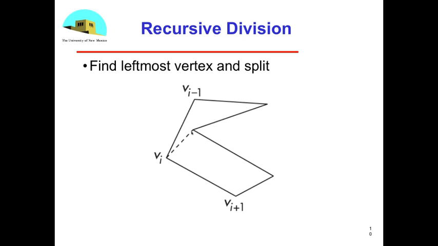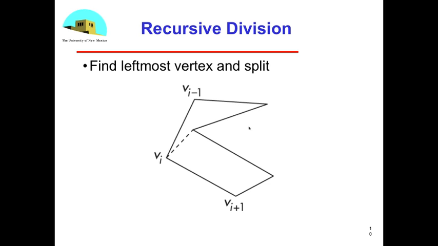I can always know, since this is the leftmost vertex, and this is actually the next leftmost, if I draw this edge here, it will always create two other polygons, and this edge cannot lie outside of the original polygon. So now I've formed two polygons that have fewer vertices than the first one, so I apply this algorithm recursively on both. So it's very simple to write recursively. Now I take this one, I take the leftmost vertex, find the next leftmost one, and then split it again and split it again until eventually all I have are polygons with 3 vertices.